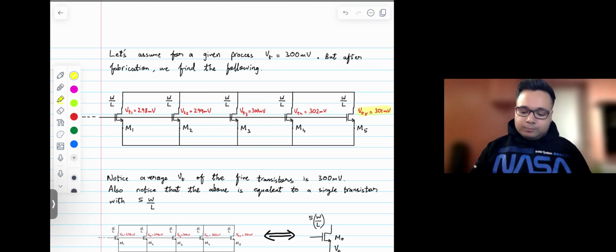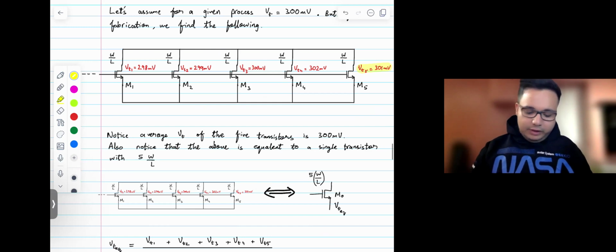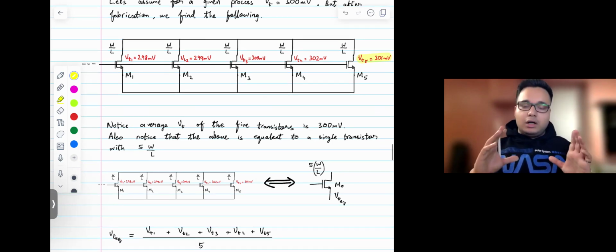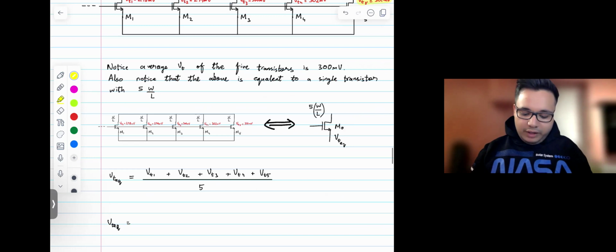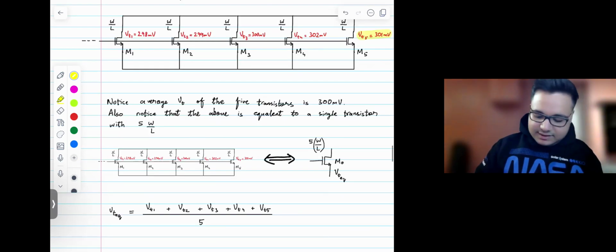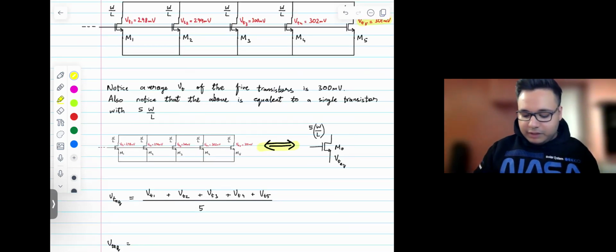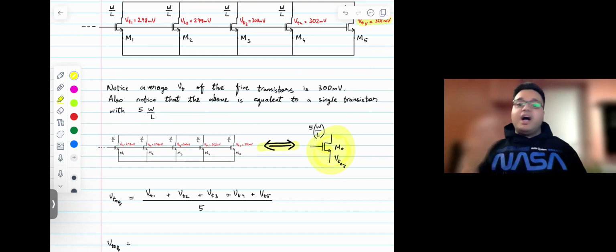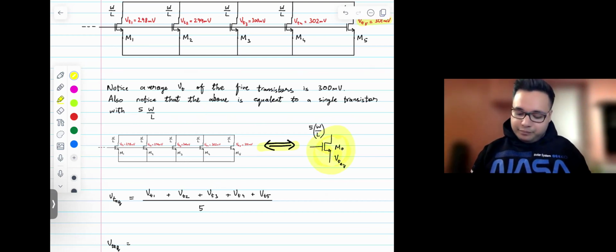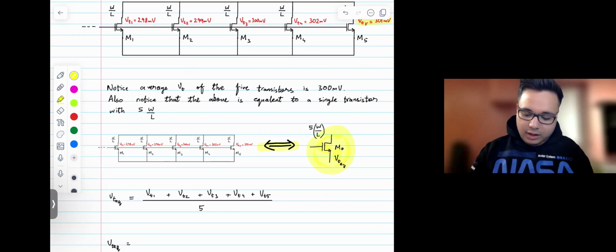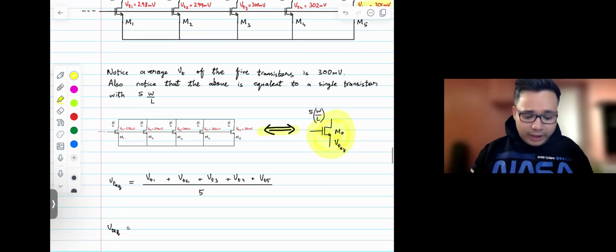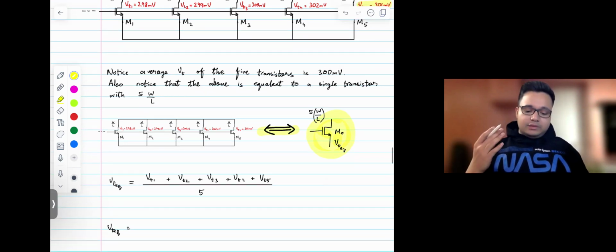Okay, so now you can think of these 5 transistors as transistors in parallel, right? So you can imagine that this is equivalent to 1 big transistor with 5 times W over L. But let's look at the threshold voltages.